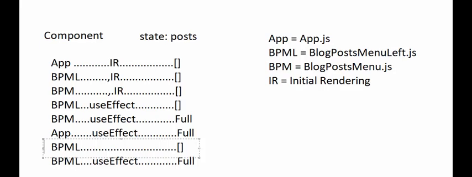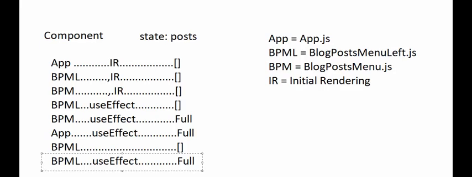But when that rendering finished, post is visible, and BPML, which depends on post in App, activates useEffect. The useEffect dependency is post, and that post is visible, so BPML useEffect runs and we have a full list, full, not empty. Here is the last BPML rendering.